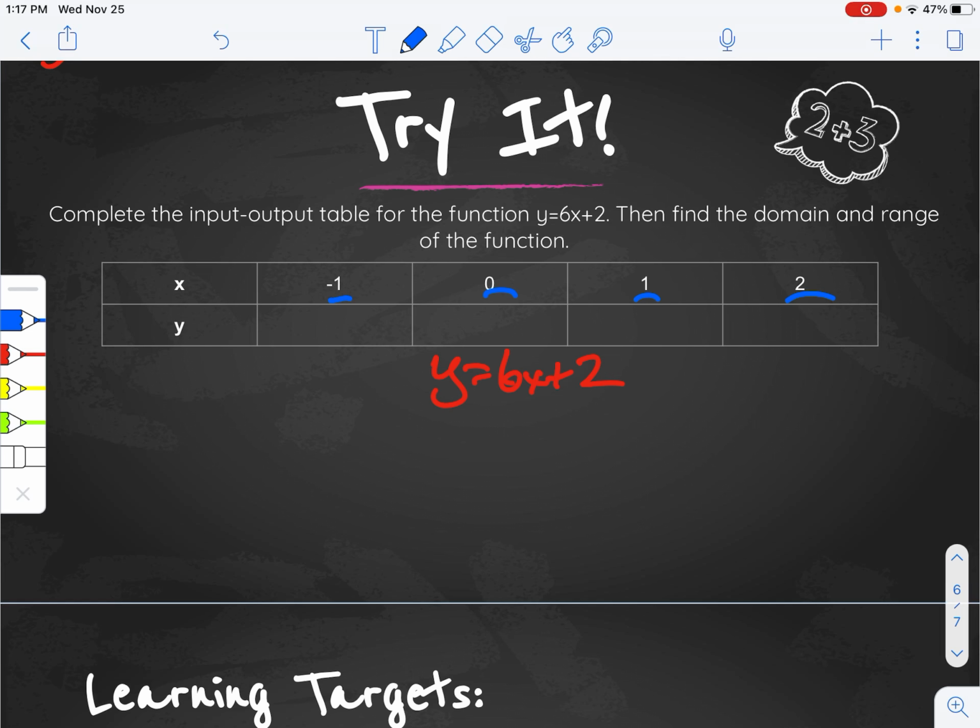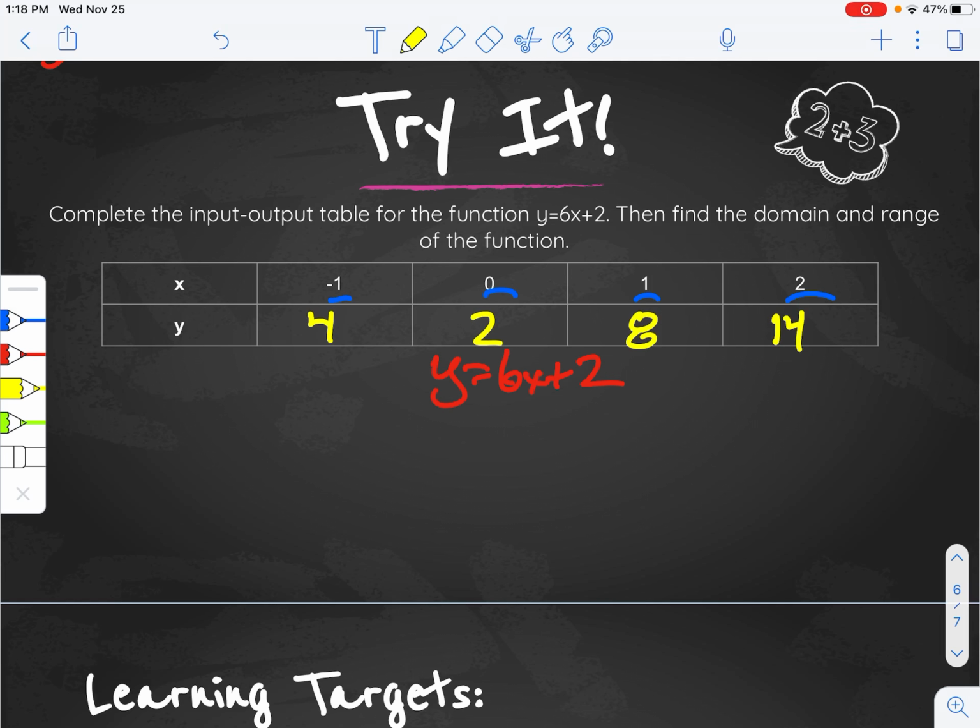All right, welcome back. Let's check, you can go ahead and check your answer. So if we plug negative 1 in, we should get a y value of 4. 0 in would give us 2. 1 would give us 8. And 2 into that x spot would give us 14.